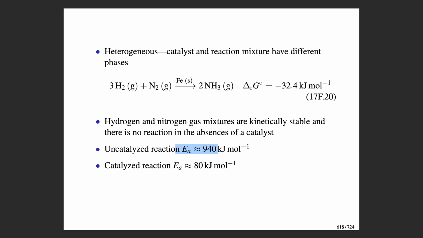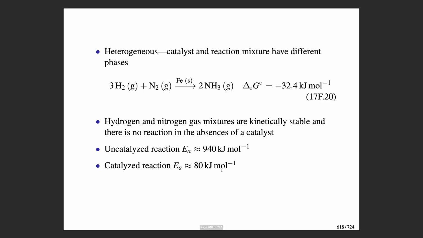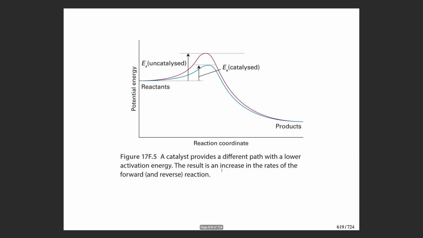So hydrogen and nitrogen in the absence of iron is kinetically stable, even though thermodynamically it's favorable to form ammonia. However, add some iron catalyst to it, you're going to lower the activation energy, and that's going to greatly increase the rate of the reaction. So that's an example of heterogeneous catalysis.